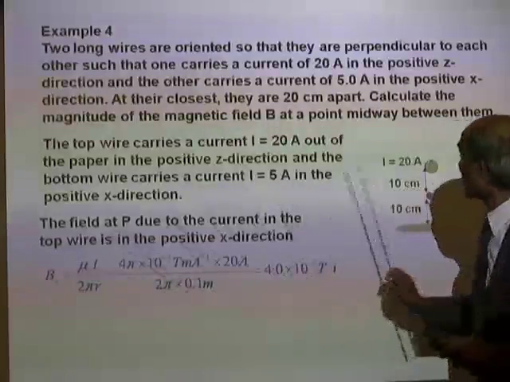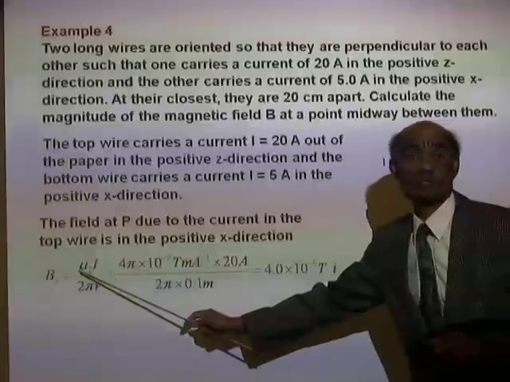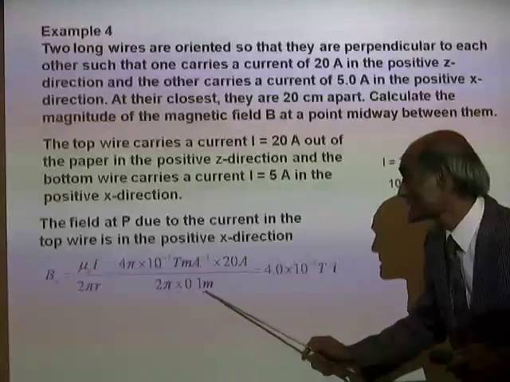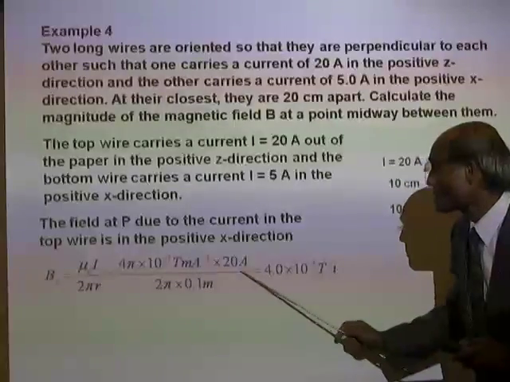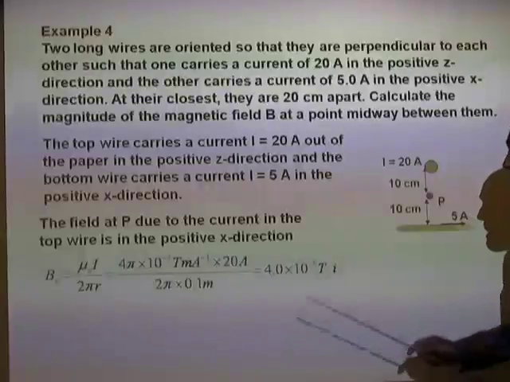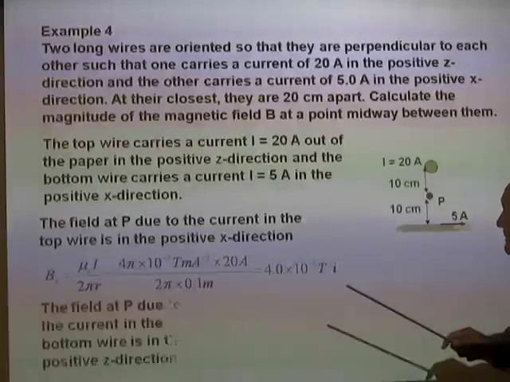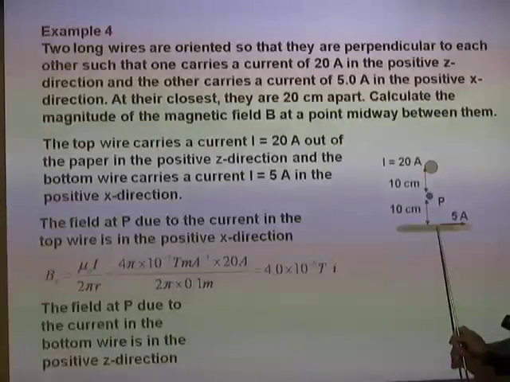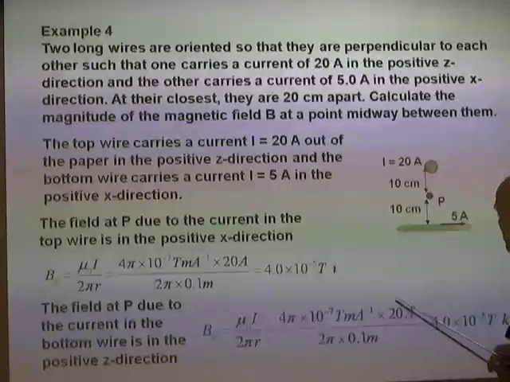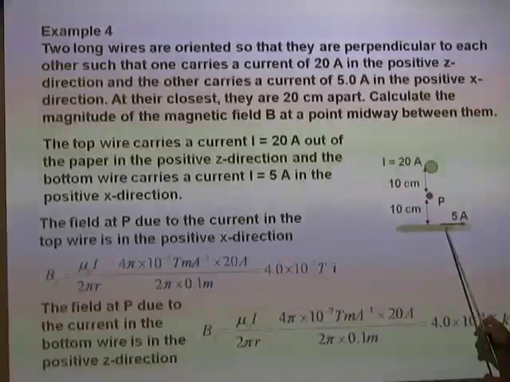For the field at P due to the current in the top wire, use the equation mu 0 I over 2 pi r, where r is 10 centimeters and the current is 20 ampere, and that is 4 times 10 to the negative 5 Tesla in the positive x direction. Similarly, the field due to the bottom wire will be the same equation, where I equals 5 ampere.